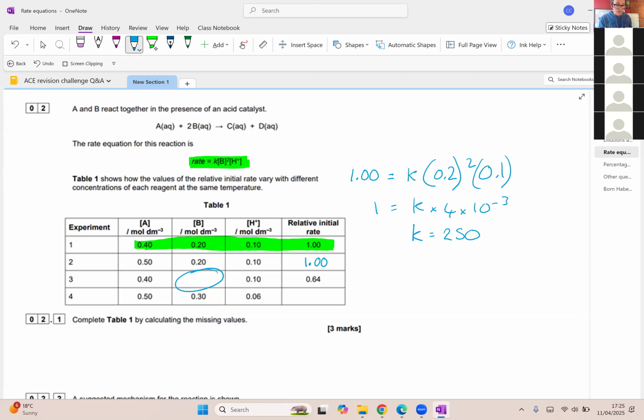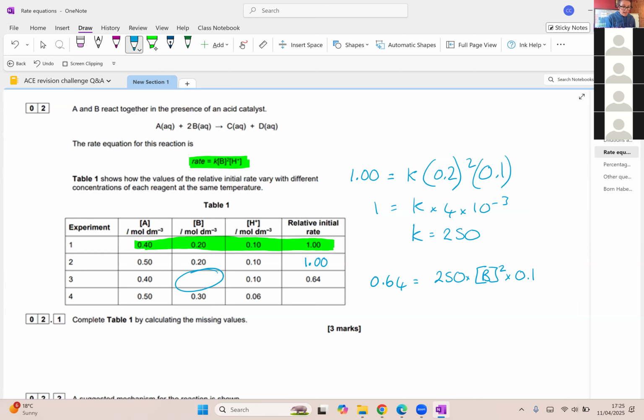So I can now put 250 into the rate equation and work out what B would be. The rate is 0.64, k is 250, B squared is the thing I don't know, and that is times 0.1.